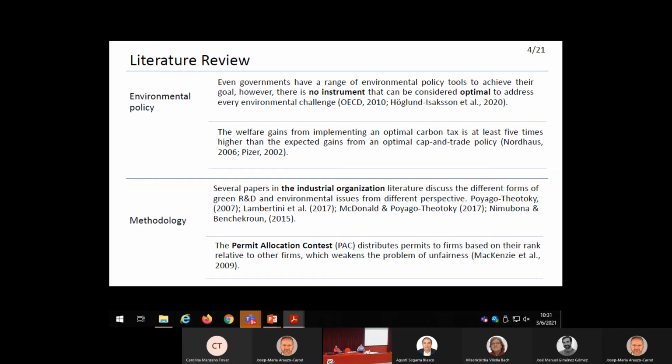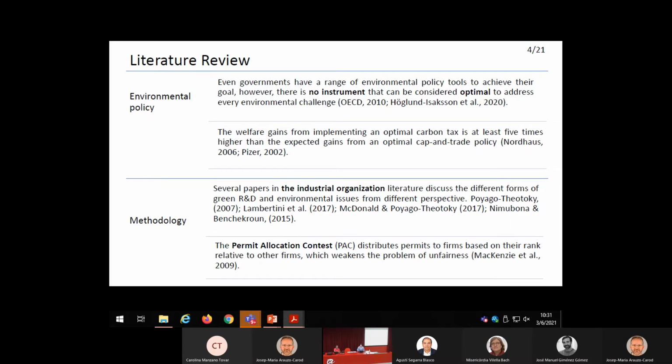From the methodology perspective, some papers in the industrial organization literature discuss different forms of green R&D and environmental issues from different perspectives. We are also inspired by McKinsey, who applied the permit allocation contest.